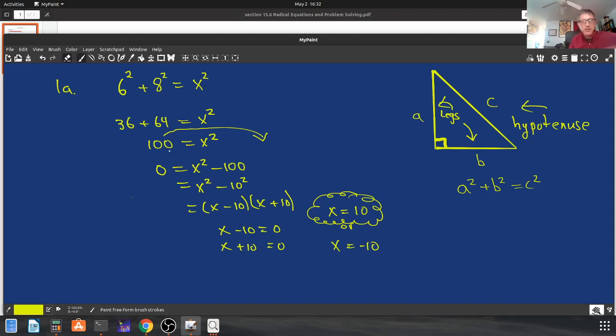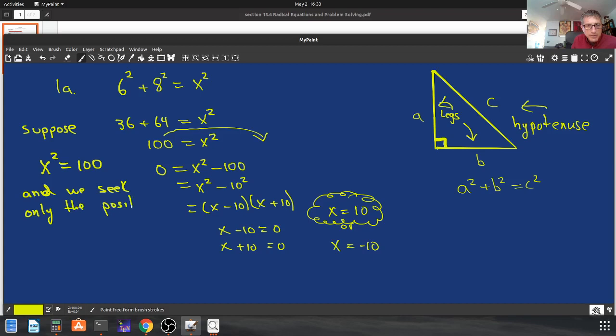Let's solve this another way. We have x squared is equal to 100. And so suppose x squared is equal to 100, and we seek only the positive value of x.